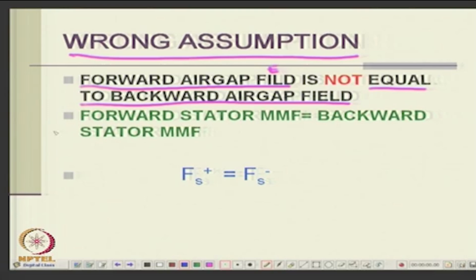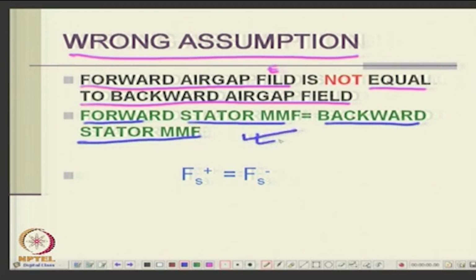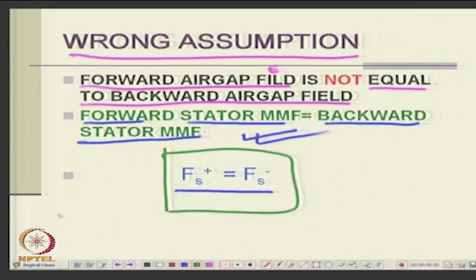What was rotating was forward stator MMF equal to backward stator MMF. This is the correct fact. If you have a single phase winding, then you have Fs plus equal to Fs minus. This is the correct situation.